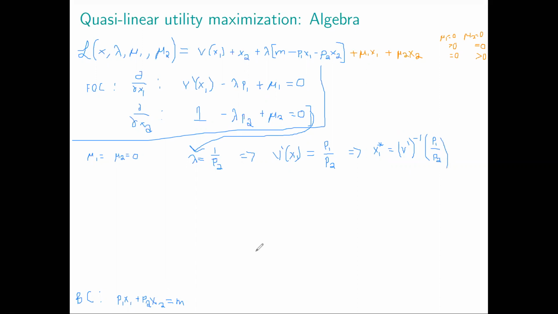Finally, we're able to get x2 star by plugging this into the budget constraint, right?